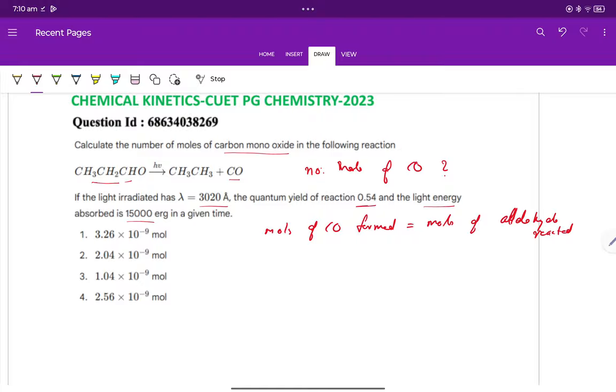So quantum yield phi is equal to moles of aldehyde reacted divided by moles of photons absorbed.